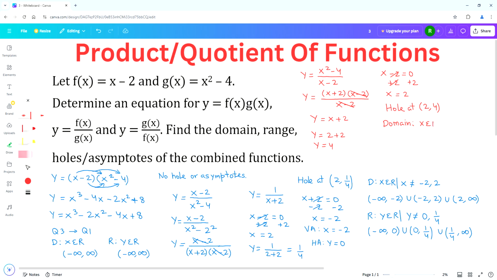For the domain, we should exclude the x coordinate of the hole, so x cannot be equal to 2. We can write this domain in interval notation as follows. Next we can find the range.